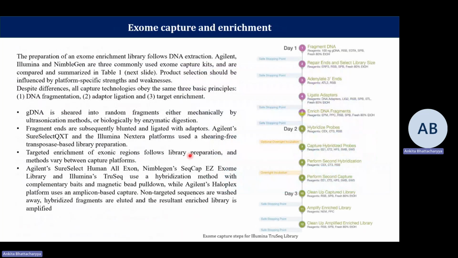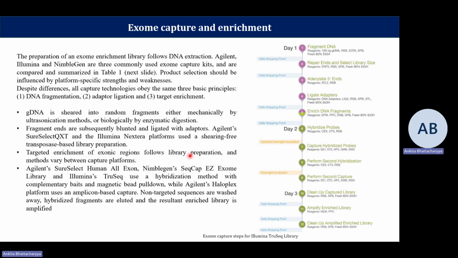When we talk about exome capture and enrichment, what does that involve? So you use some exome capture kits, which can be commercially purchased also. What they do is first, of course, DNA has to be fragmented, adapter has to be ligated, and you preferentially capture your targets.